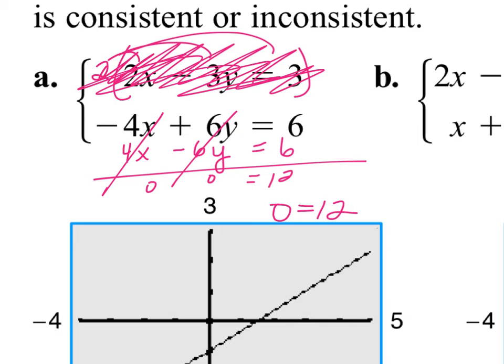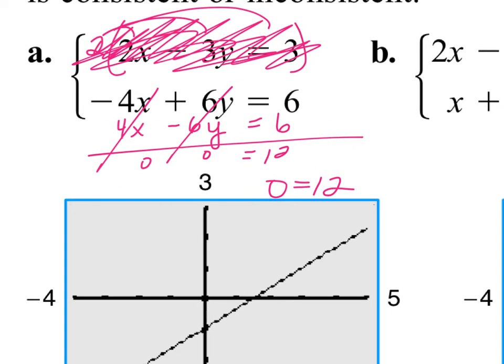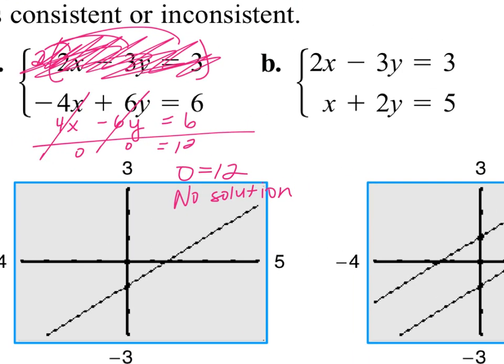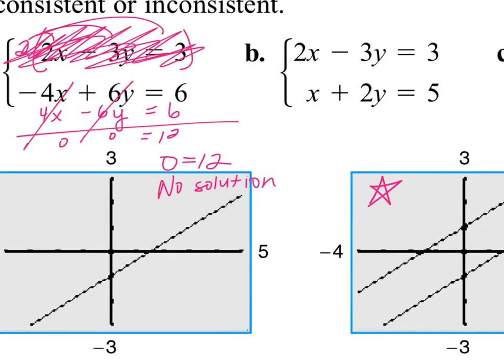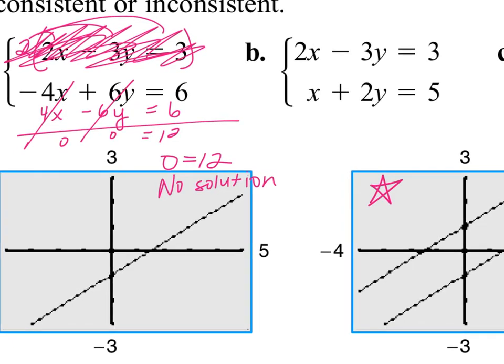No. So what is my answer here? No solution. If you had to pick the graph that went with this, you would pick this graph right here. If you get 0 equals a number, or a number equals a different number, like 3 equals negative 4, that's never going to be, so your answer there would be no solution. Questions on that?